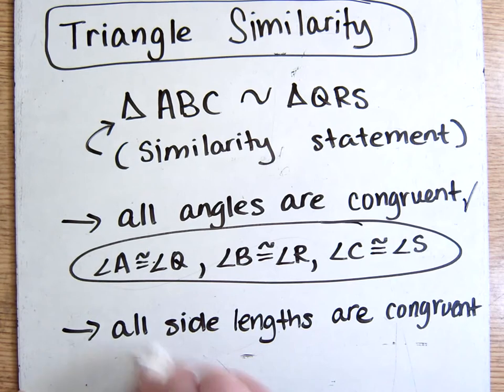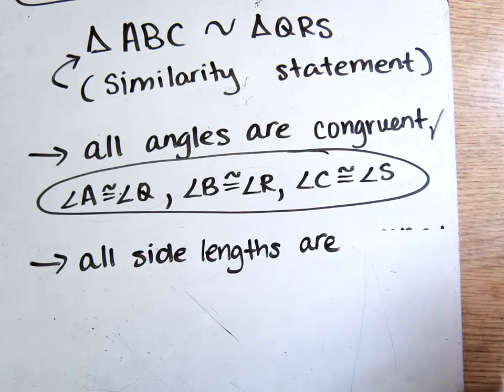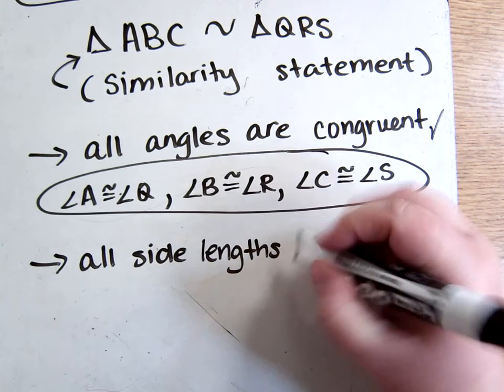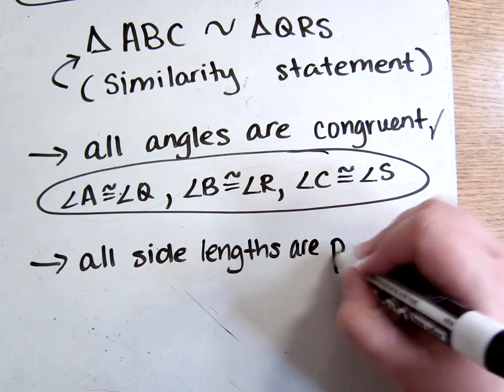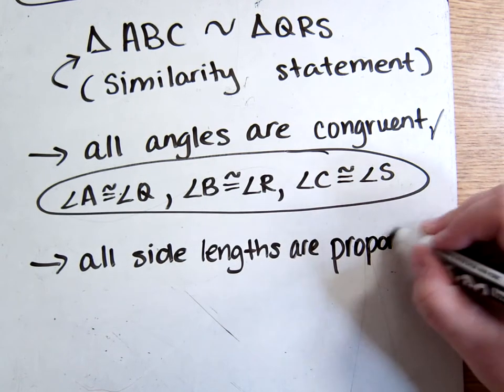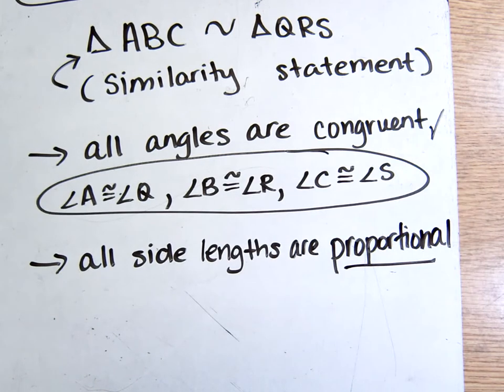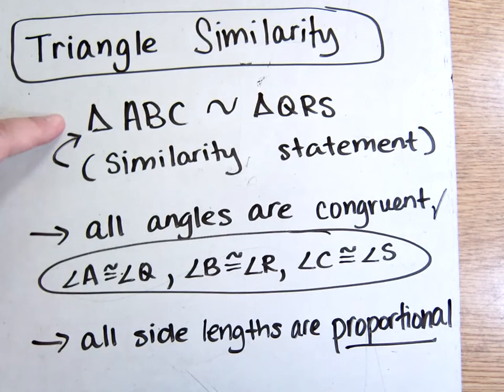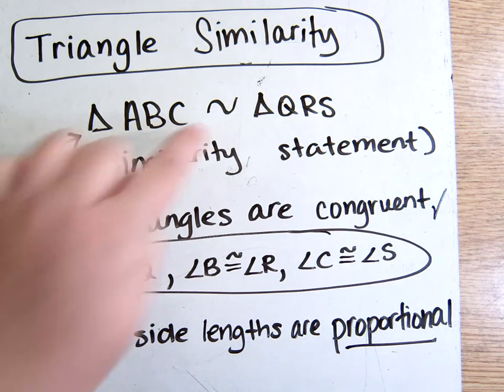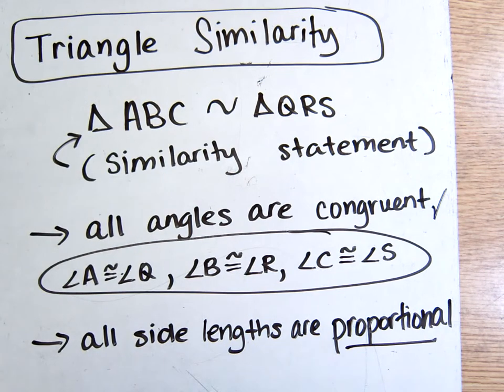They are, and this is a key word when you were talking about similarity, proportional. So instead of congruent, and I'm going to squeeze that in a little bit more, proportional. Okay, so we have a similarity statement with this symbol. My angles are still congruent. My side lengths are proportional.